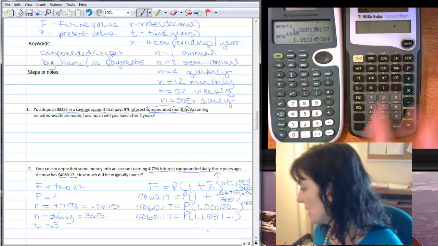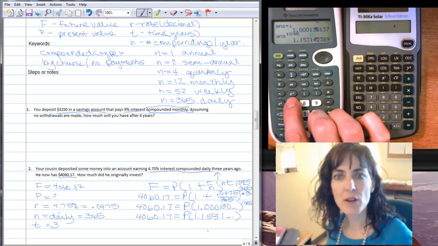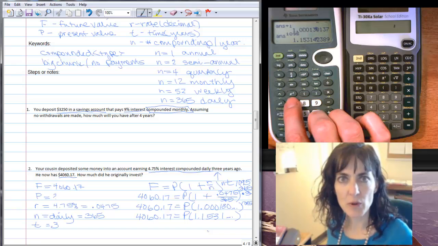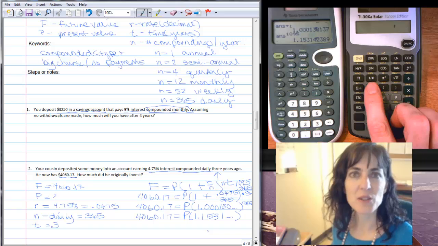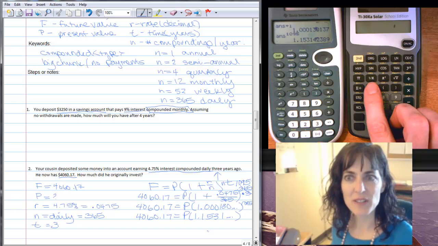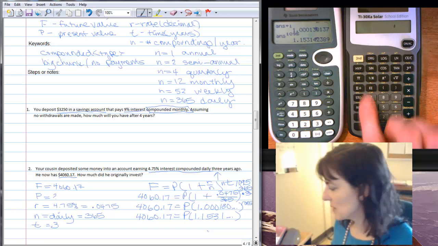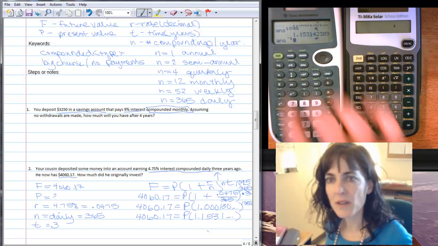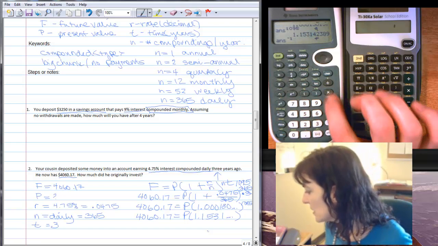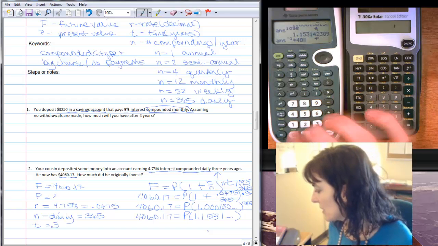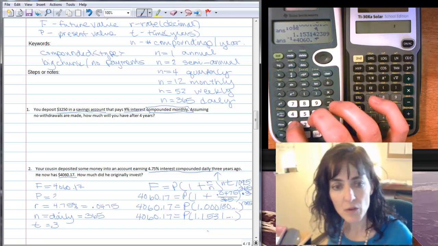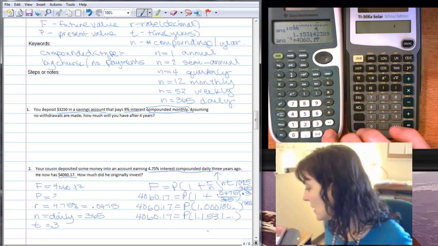So I'm going to go ahead and use the inverse button, which is this x to the negative 1 for this calculator. If I was using this calculator, it is the 1 over x button. So I'll do the inverse of this, and then I can just type it in on this calculator and say times that 4060.17 and push enter.